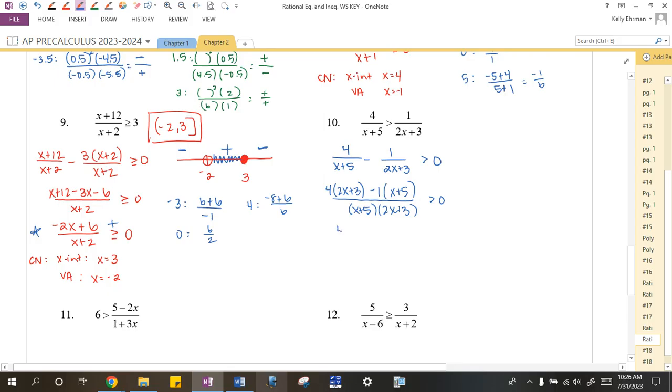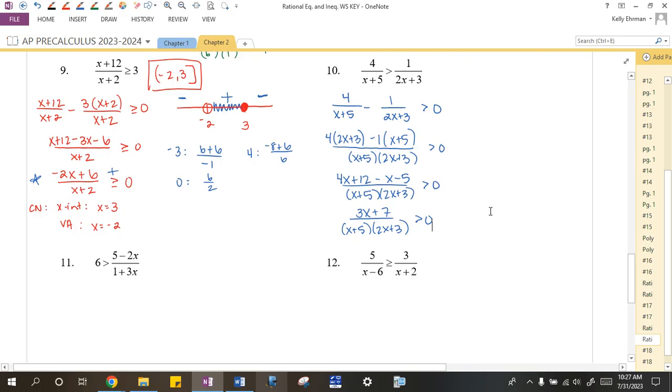Distribute. Simplify. 3x plus 7 over x plus 5 times 2x plus 3.